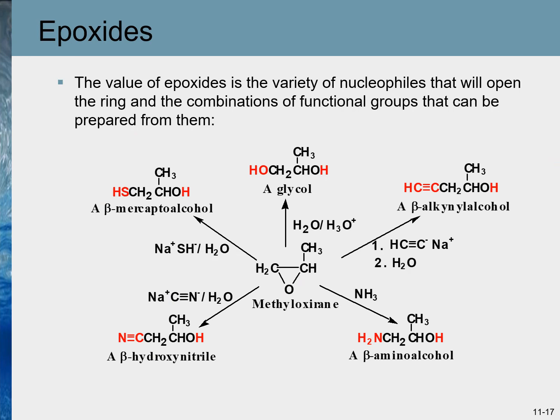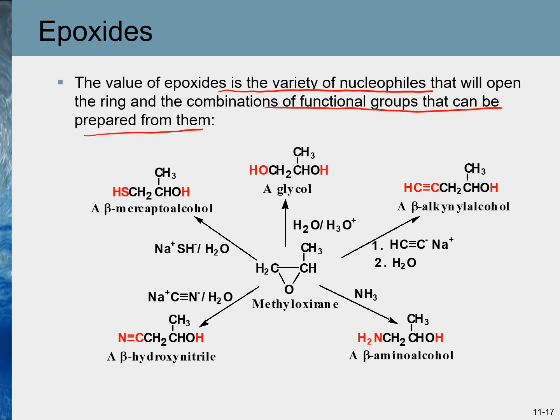So we just learned the mechanism of ring opening reaction of epoxides using water as a nucleophile. In fact, water is not the only nucleophile. Any other nucleophile can give the same kind of ring opening reactions with epoxides. The value of epoxides is the variety of nucleophiles that will open the ring and the combinations of functional groups that can be prepared from them.